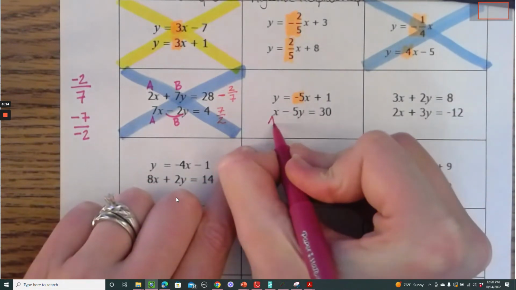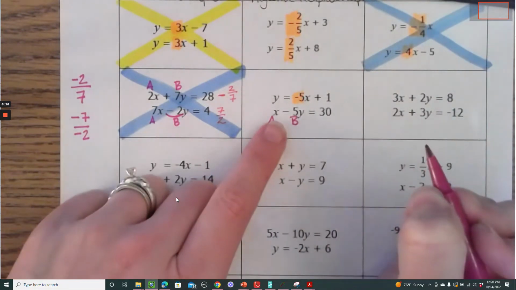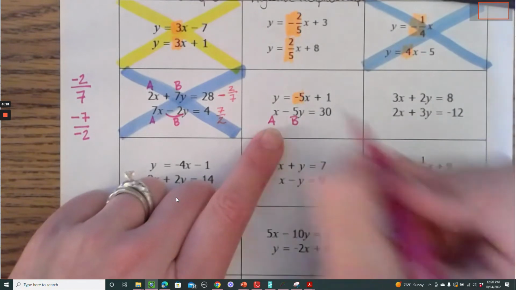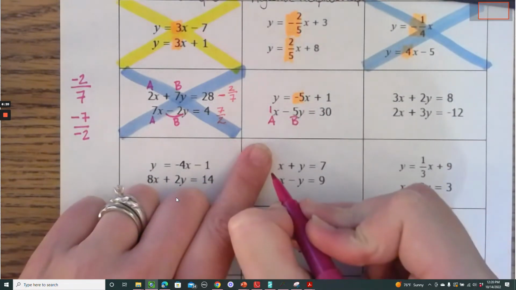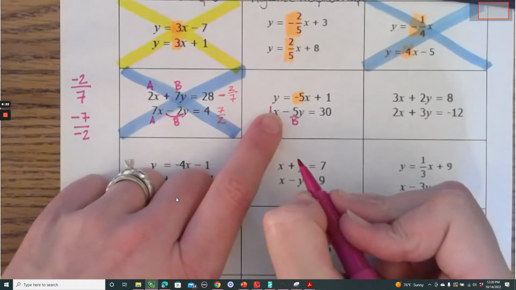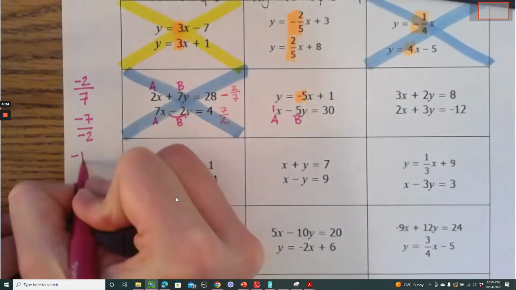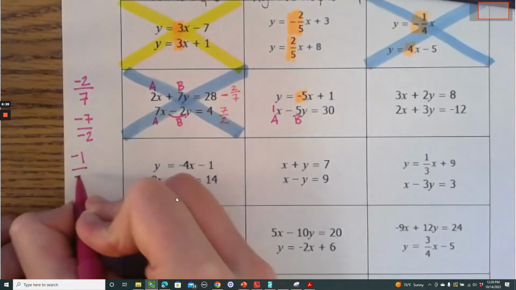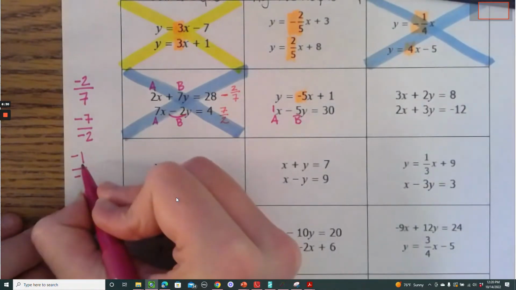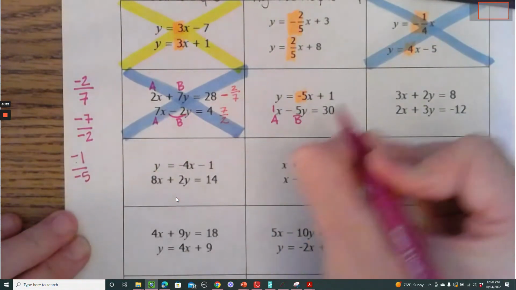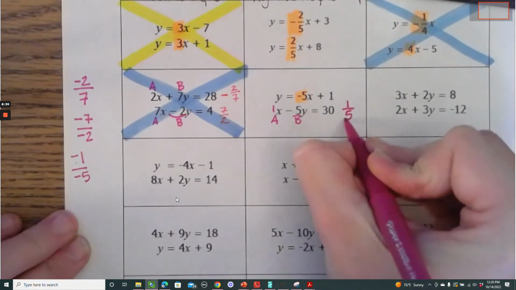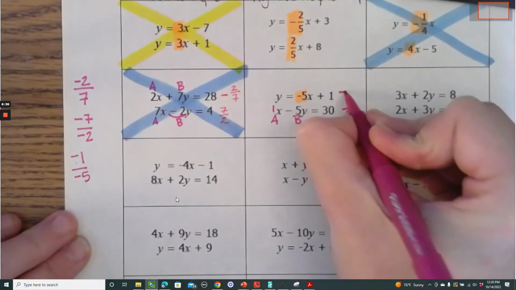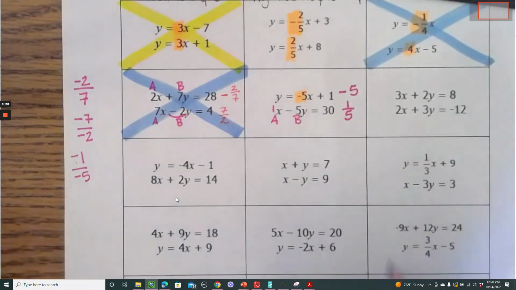So A and B. What's my A value? 1. So remember, there's an invisible 1 there. So negative A, so negative 1 over B would be, take the whole piece, negative 5. And that simplifies, if it's a negative and a negative, it turns into a positive. So those are my slopes, negative 5 and 1 over 5.